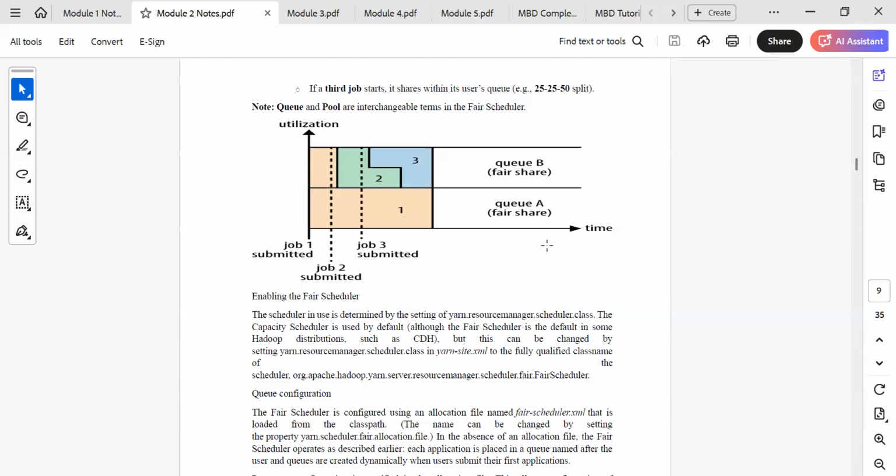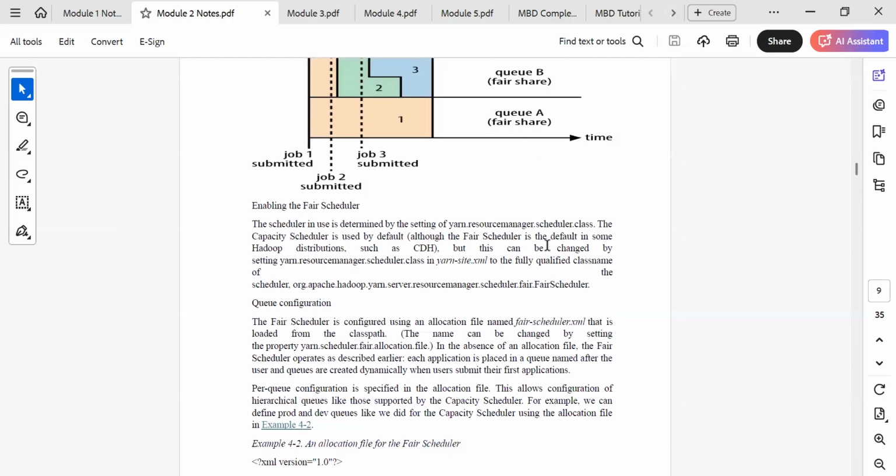This can be changed by setting yarn.resourcemanager.scheduler.class in yarn-site.xml to the fully qualified class name of the scheduler, org.apache.hadoop.yarn.server.resourcemanager.scheduler.fair.FairScheduler.